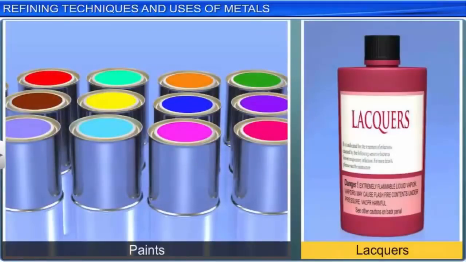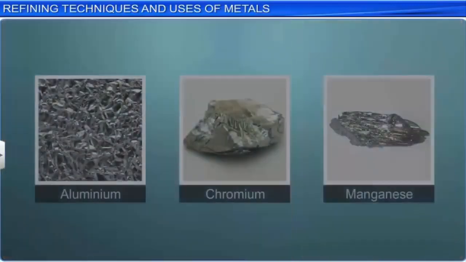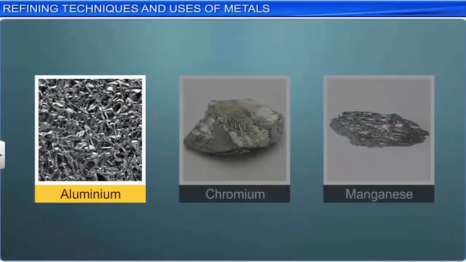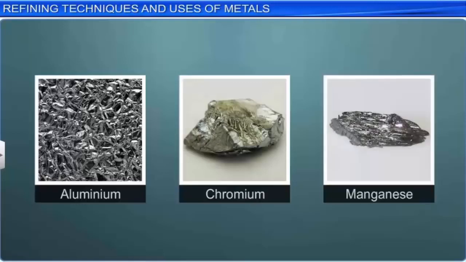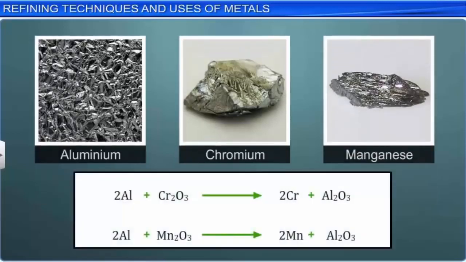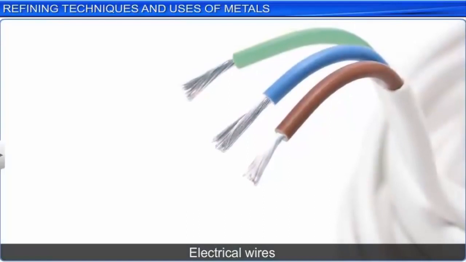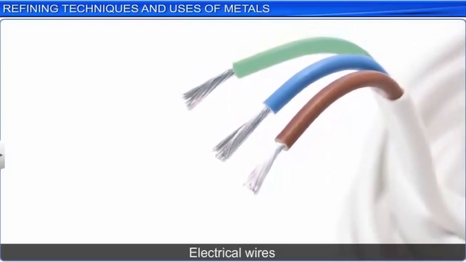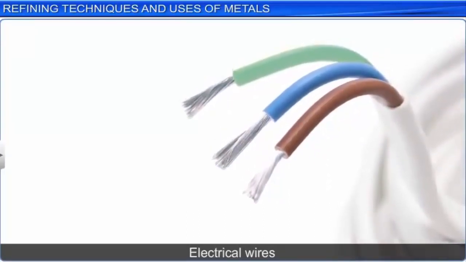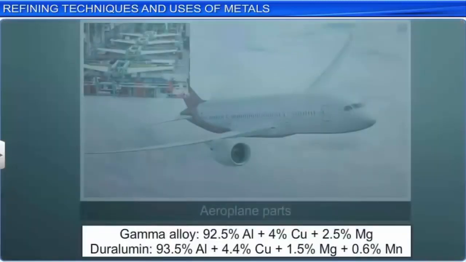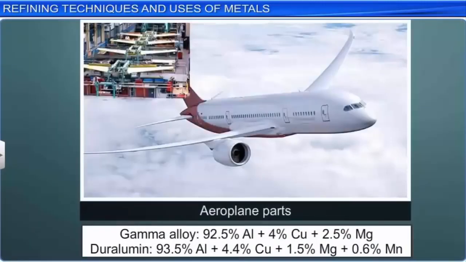Since aluminium is more reactive than chromium and manganese, it is used in the extraction of these elements from their oxides. Aluminium is used to make electrical wires as it is a very good conductor of electricity. Aluminium alloys are light and are very useful. For example, gamma alloy and duralumin, which are alloys of aluminium, are used for making aeroplane parts.